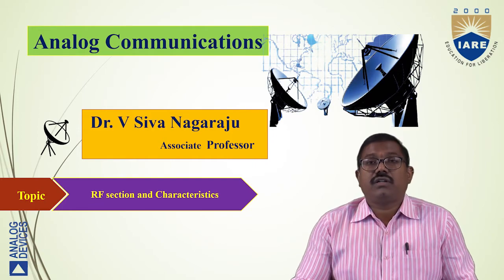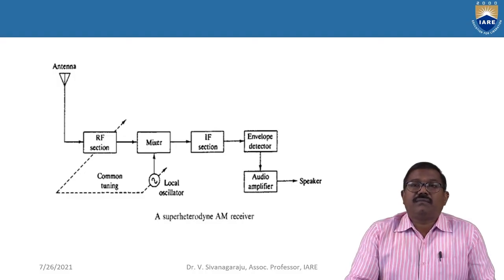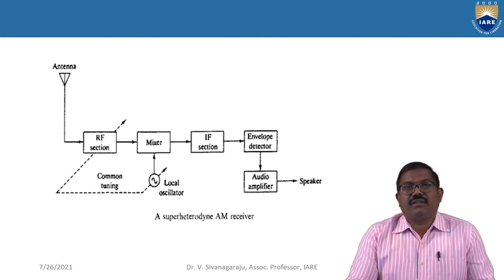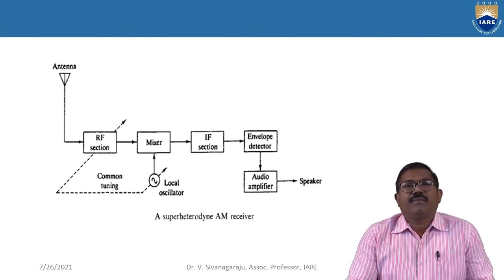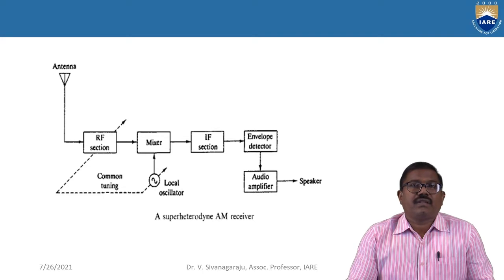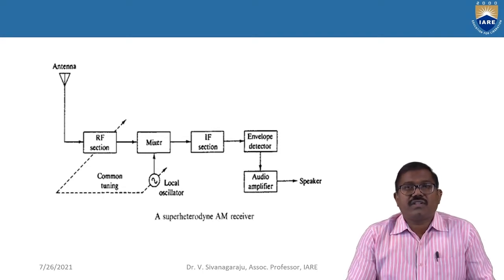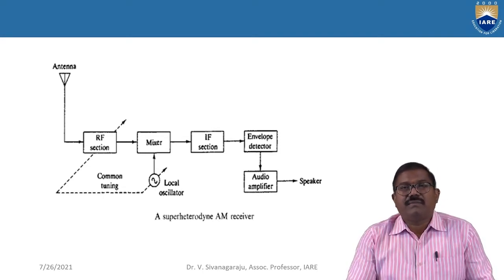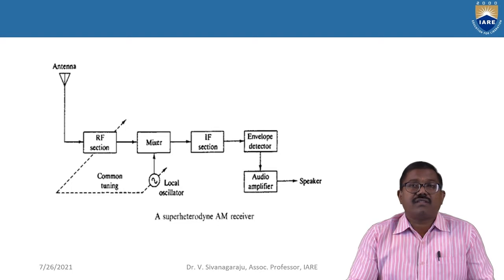Coming to the topic, this is our superheterodyne AM receiver block diagram. Here you can see the first antenna, which collects the signal and sends it to the RF section. After the RF section, we have a mixer, which converts the signal, and a local oscillator which produces a frequency of F0.